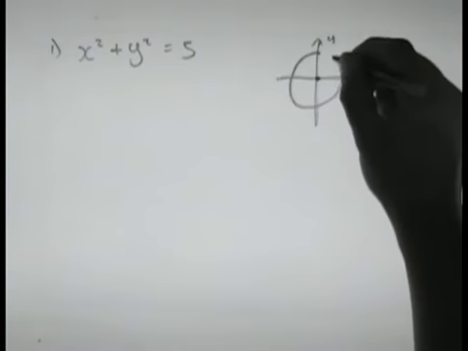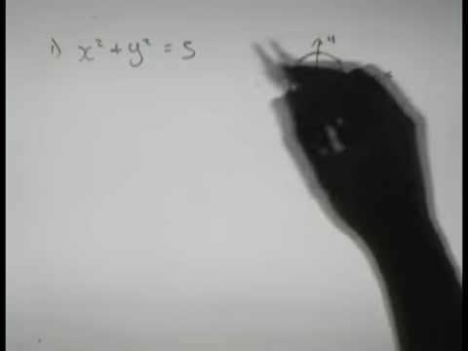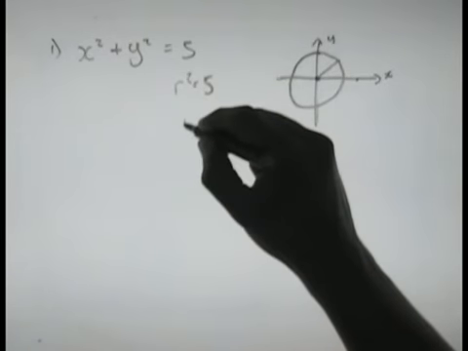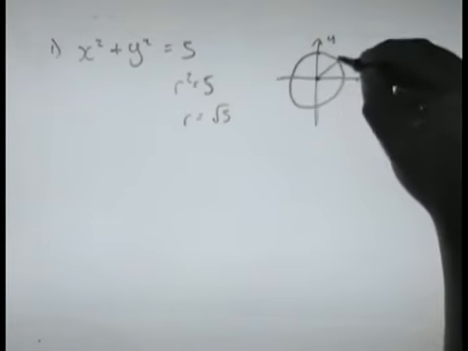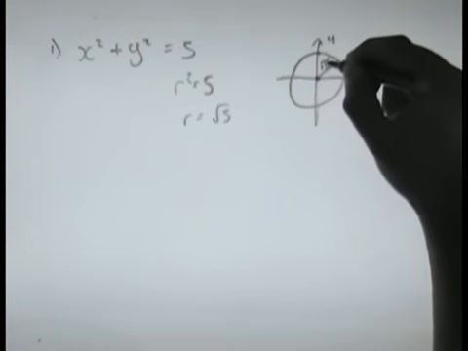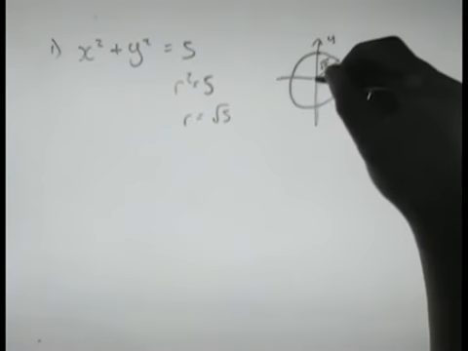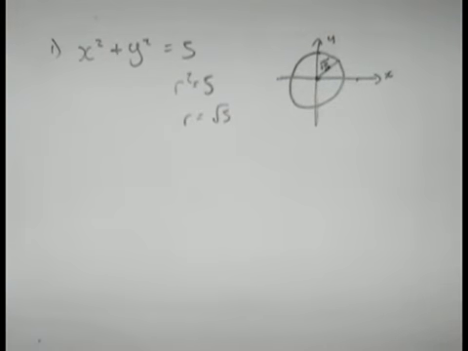And it's going to be a circle with a radius of, now remember, r squared is equal to 5. That means that r is equal to root 5. Just indicate that root 5 on your graph. Draw the circle centered around the origin. Don't draw it too pretty. And that's your graph.